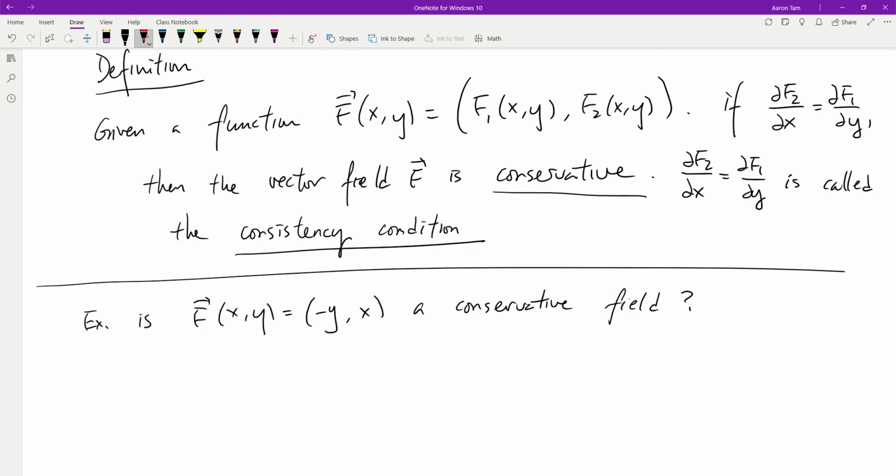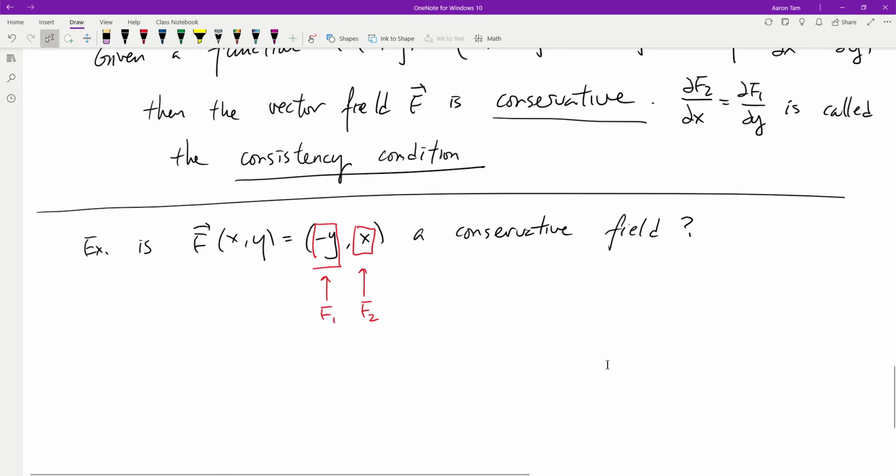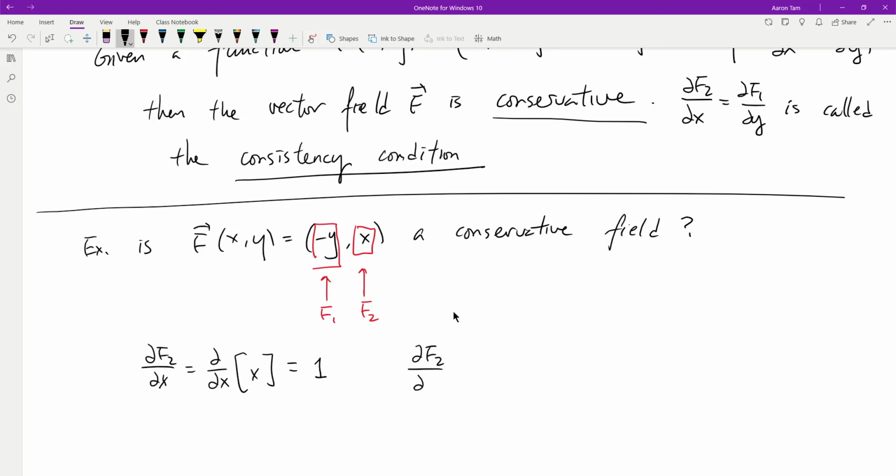So how will you go about doing this? Well, the first thing is you identify that this is my f1, this is my f2. And now all you have to do is test the consistency condition, then you see what happens. So I'm going to do df2 over dx. So that will be d over dx of x, which comes out to be 1. And I'm going to do df1 over dy.